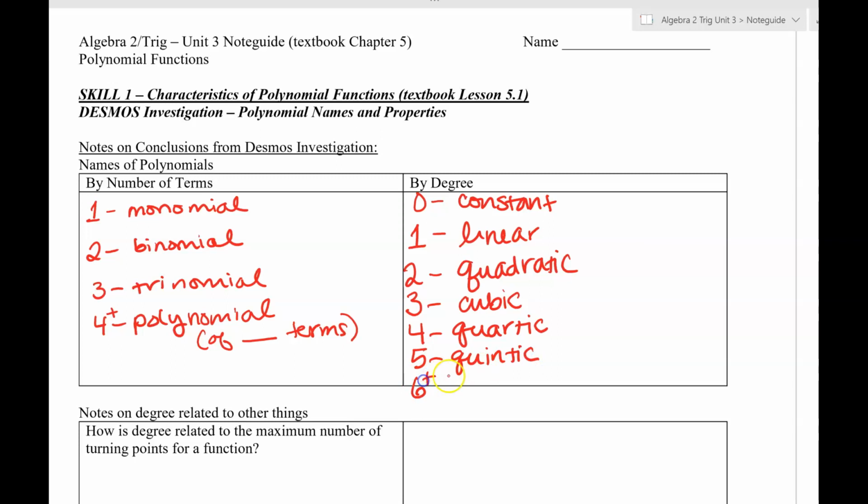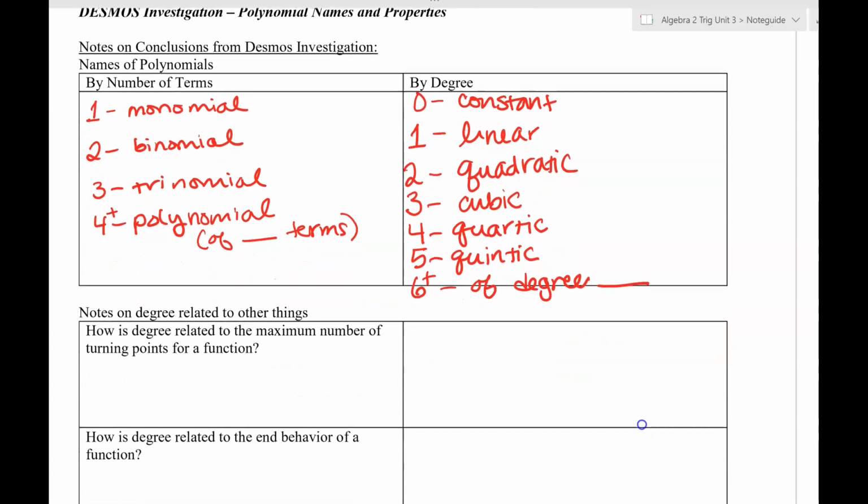And 6 plus, you're just going to write a polynomial. Actually, depends. It could be a binomial, whatever, of degree, and then list the degree, but you don't have to have a special name for it anymore.